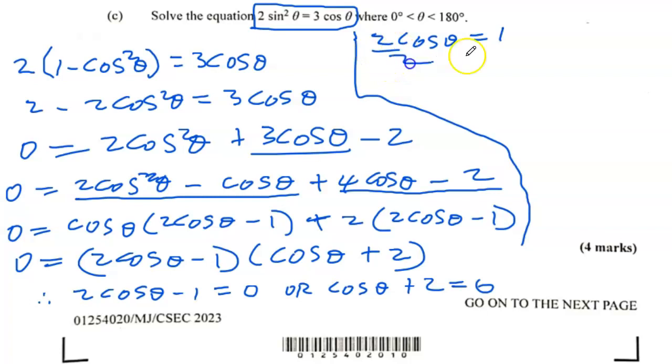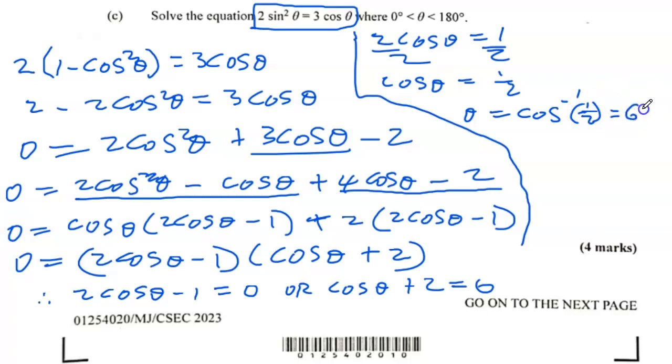Divide both sides by 2. Cos theta is equal to half. And theta is cos inverse half, or cos inverse 0.5. That's 60 degrees, and they only want the angle between 0 and 180. The other angle will be 300, but we have a limit here of 180.